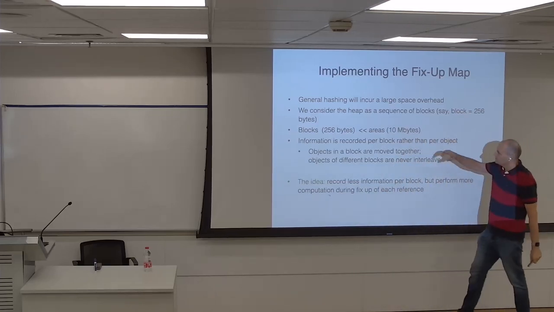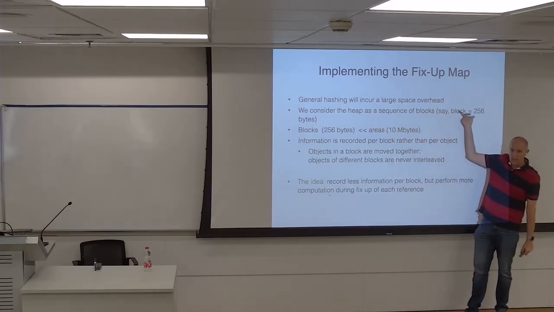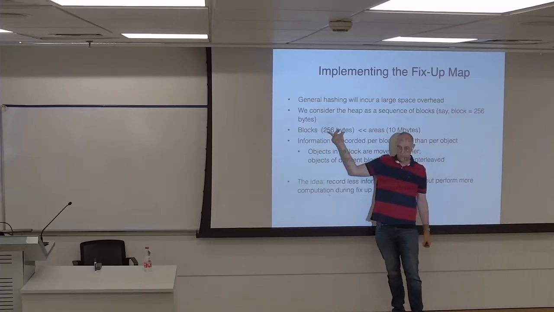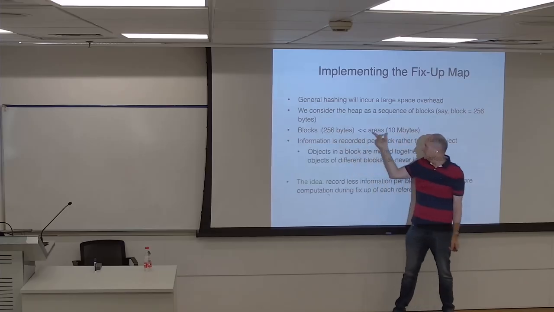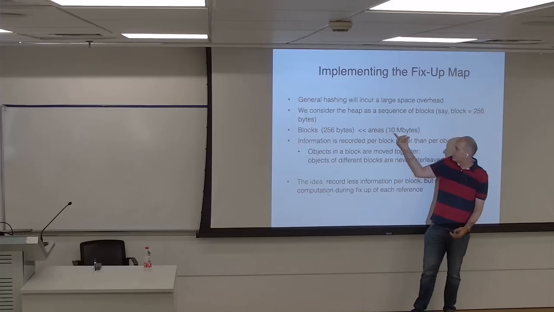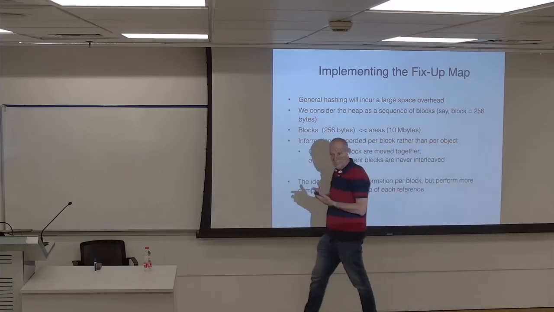Okay, so it looks at the heap as a sequence of blocks, and the blocks are much smaller than areas. You can think of blocks as maybe a quarter of a kilobyte, and an area is 10 megabytes, which is a factor of 40,000. So there are 40,000 blocks in an area.